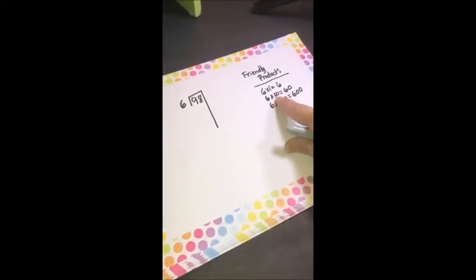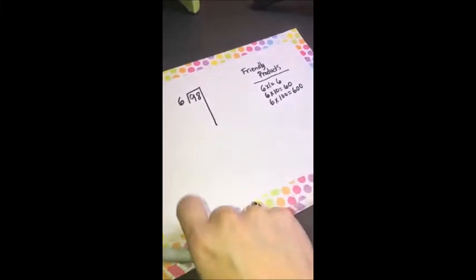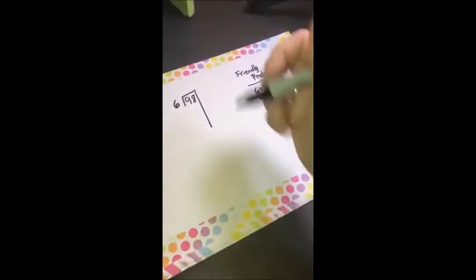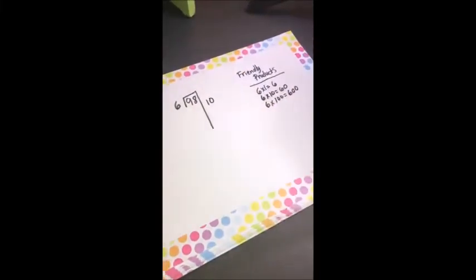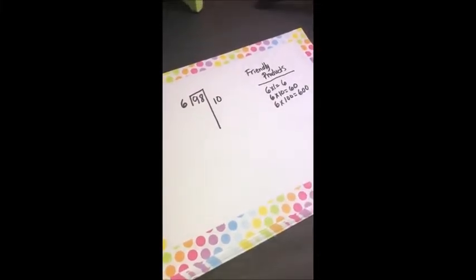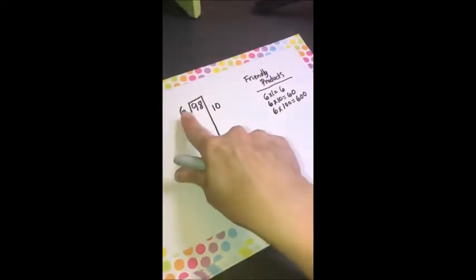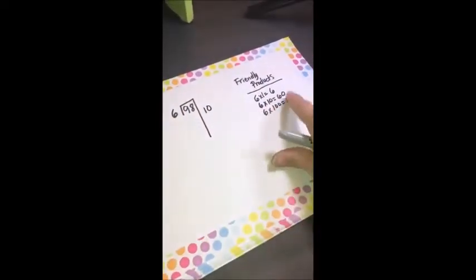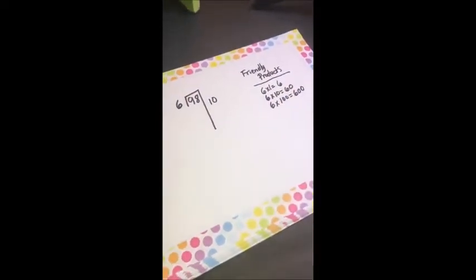All right, so there should be 10 groups of 6 in the number 98. So I'm going to put a 10 right out here because I can make 10 groups of 6, or 6 groups of 10. So if I think, well, what is 6 times 10? Well, that would be 60.